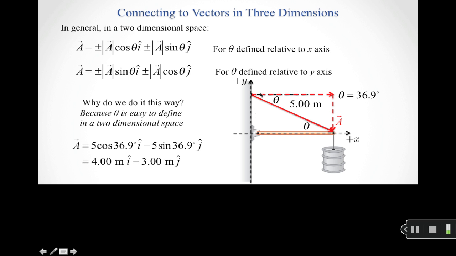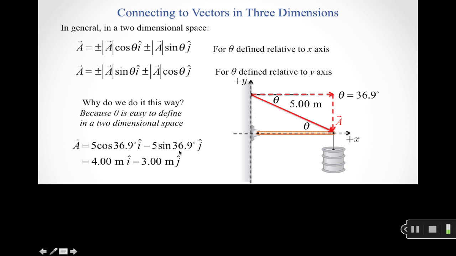And now I recognize that for that angle theta, the x component will be the adjacent side, the y component will be the opposite side. So I need the cosine of 36.9 degrees in my x component, the sine of 36.9 degrees in my y component, x component's positive, y component's negative.